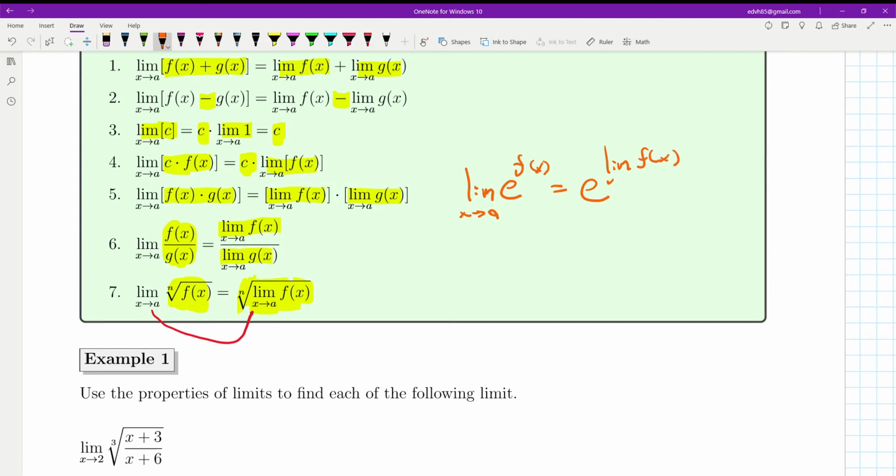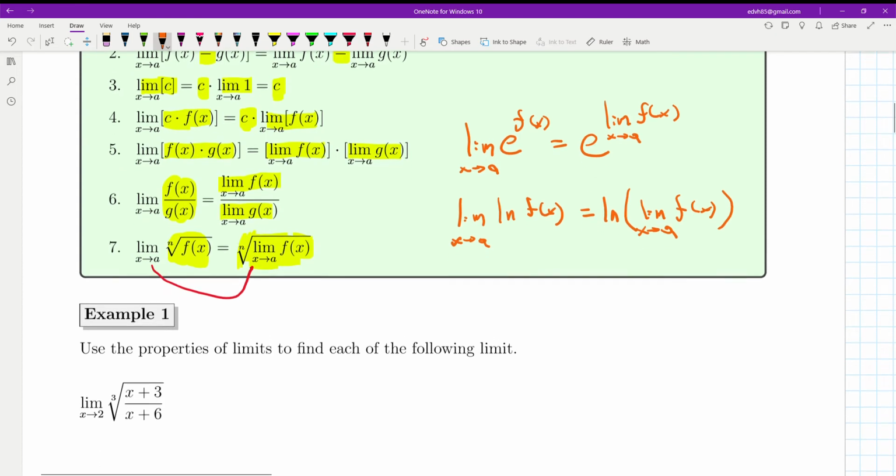You can use this same idea intuitively for the limit of the natural log of f of x as x approaches a. It's the same as the natural log of the limit of f of x as x approaches a. It's the same properties to which we can extend this.